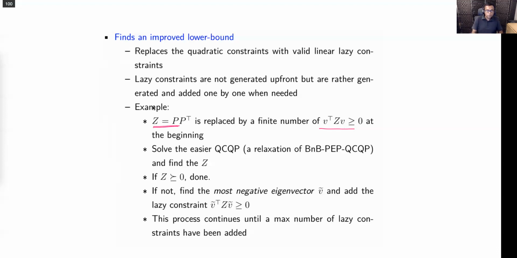So what we do is take this and replace it by a finite number of them. Hence, it makes it a relaxation. So it's a simpler QCQP, right? Because many of the problematic non-convex constraints go away.